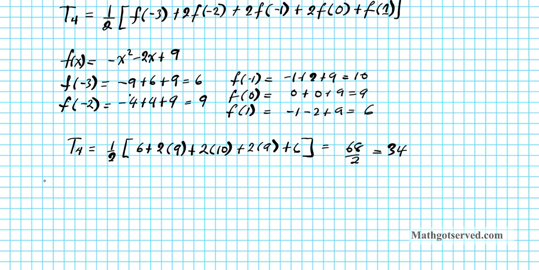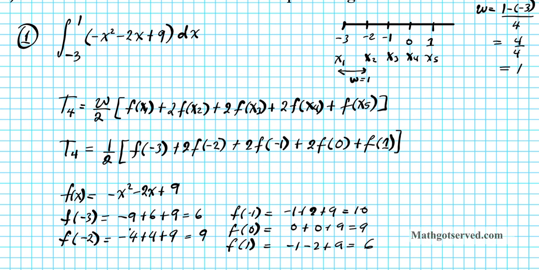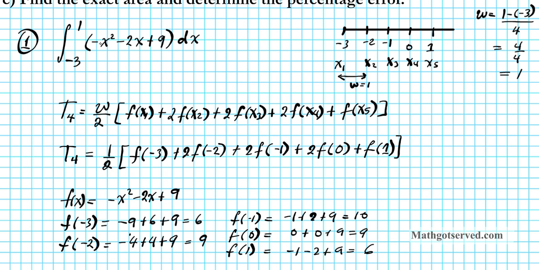Is this curve concave up or down? It's pretty easy to tell. If you look at this function, if you differentiate it twice, your answer is going to be -2, right?